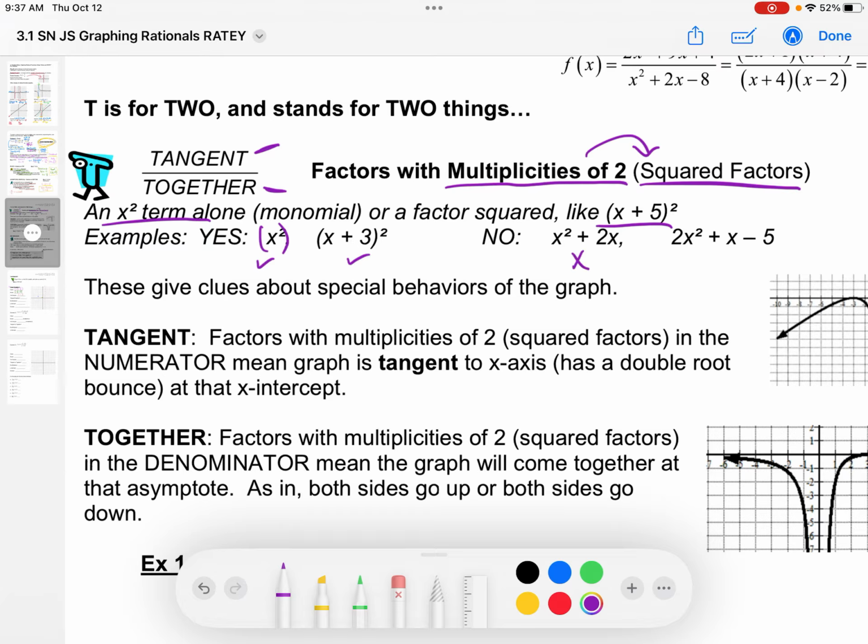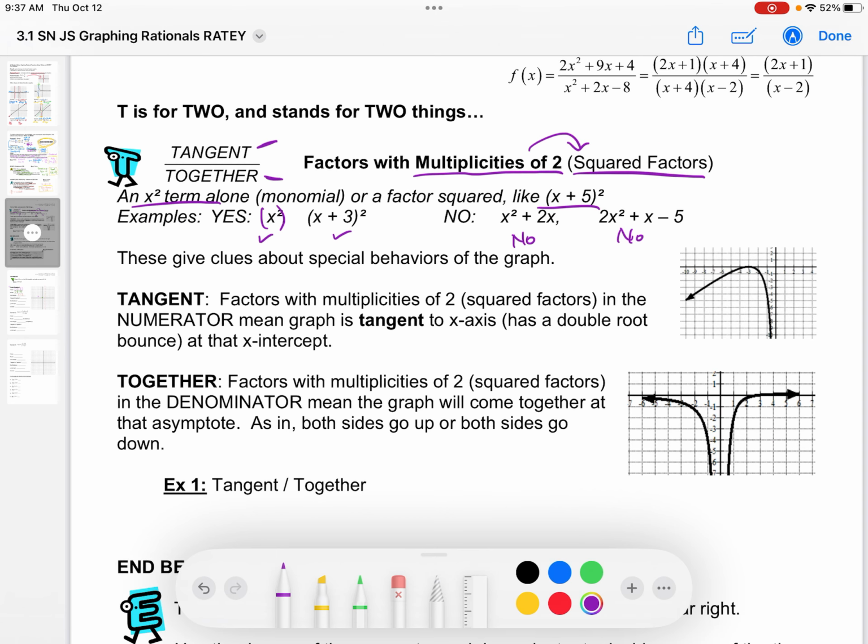That x squared is added, it's not multiplied, so it's not a factor. Same thing in 2x squared plus x minus 5. That 2x squared is not a factor of the whole thing, so that is not a multiplicity of 2.